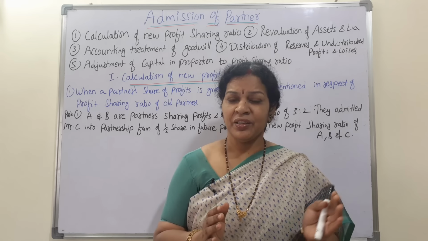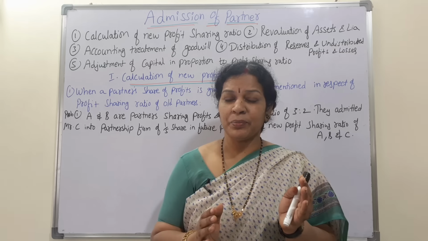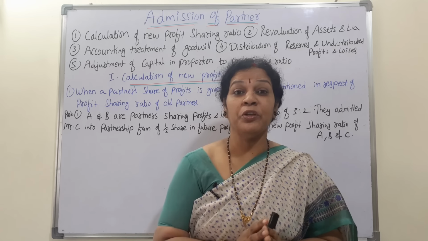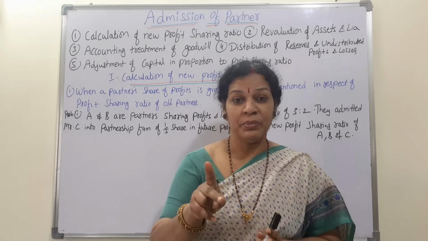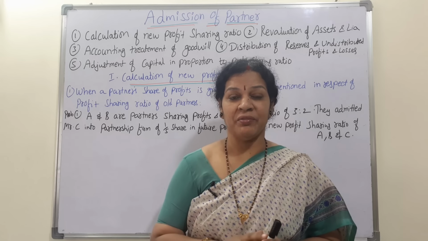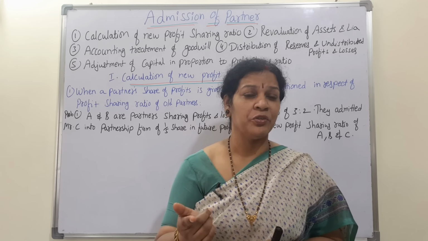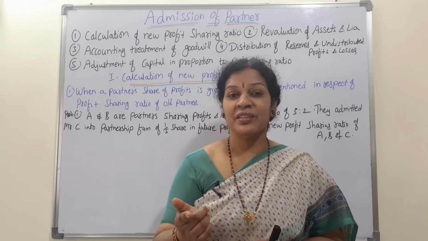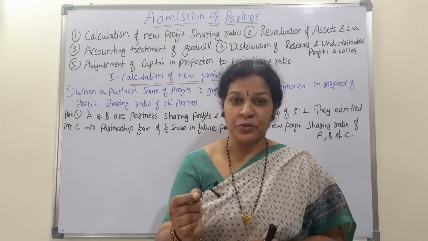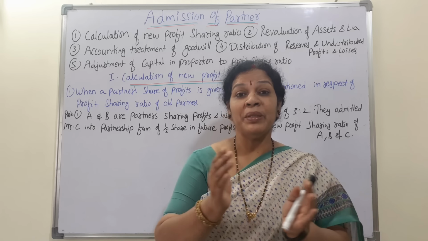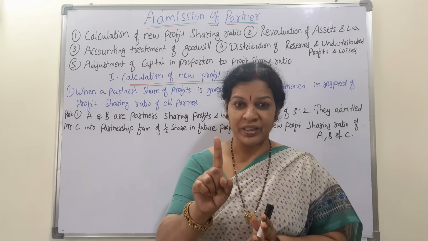One is, what profit ratio should be given to the new partner? A and B are already sharing profits equally, 1:1. Now C has entered. What is the profit ratio to be given to C? Sometimes this profit ratio will be given from the partnership, that is one case.